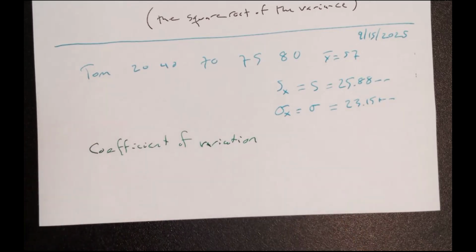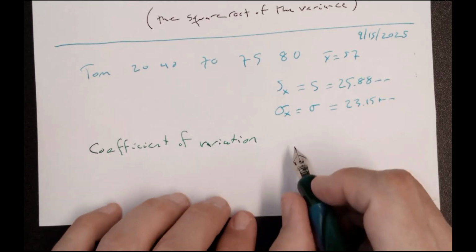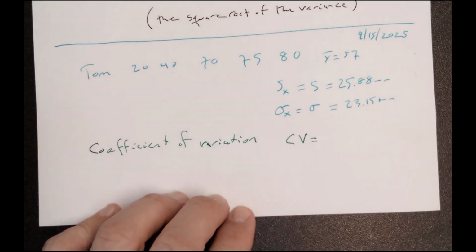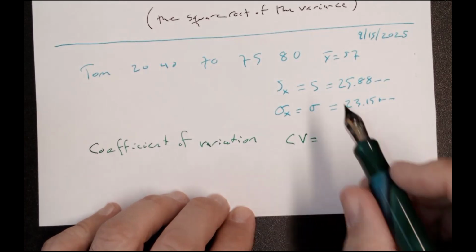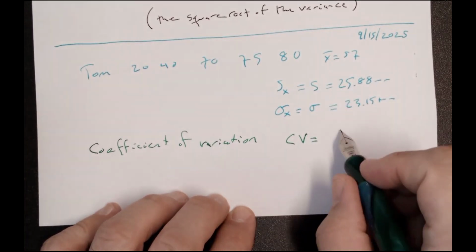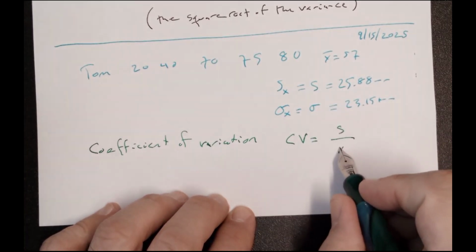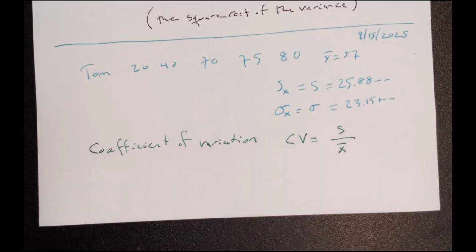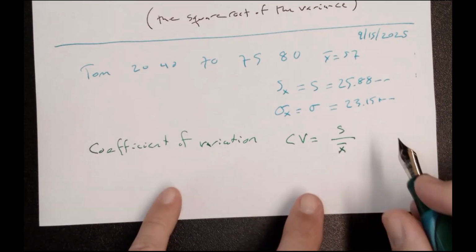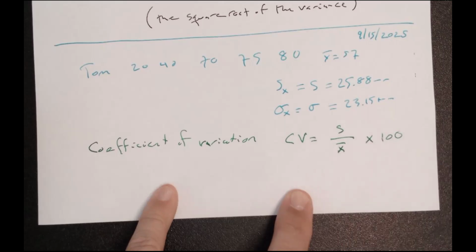And the coefficient of variation is found by taking the sample standard deviation and dividing by the sample mean. Oh, by the way, that's going to give you a decimal, ideally. But the closer the average is to 0, the bigger this is going to get. So we turn this into a percentage usually and multiply by 100.